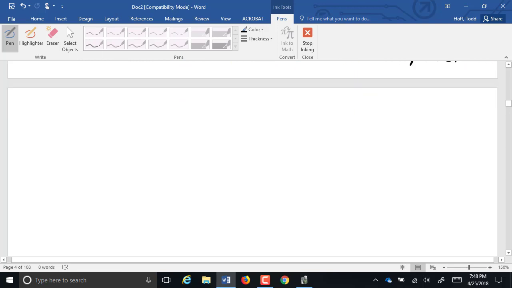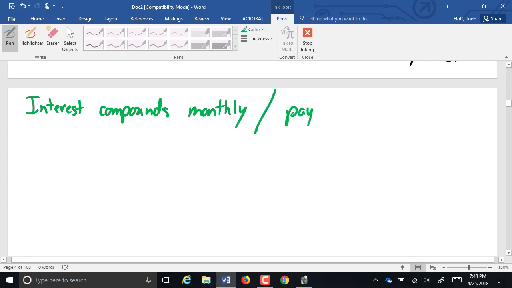Now, it's more difficult if we go the other way. Let's say interest compounds monthly. Payments made quarterly.